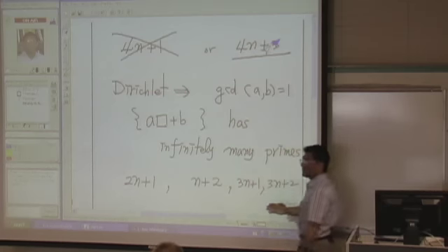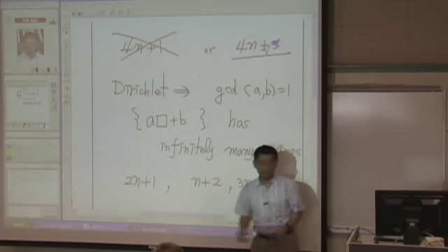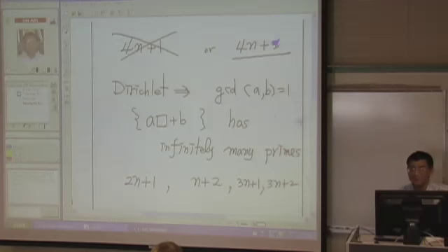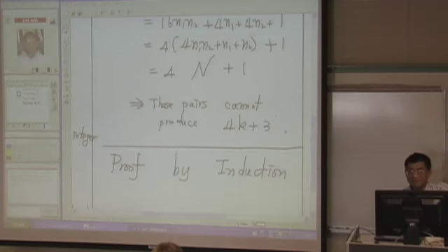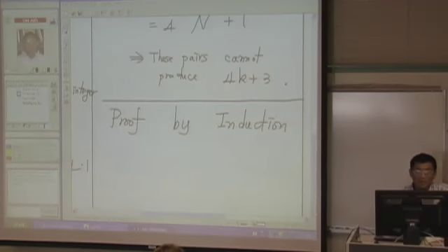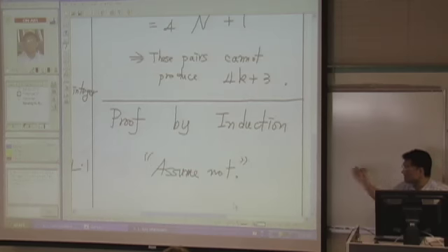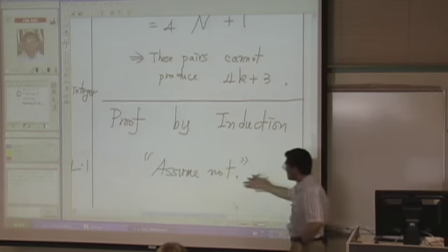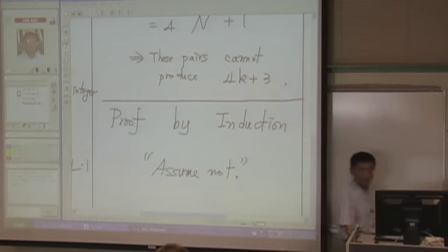So, proof by contradiction means we begin with what? Assume not, right? Assume not. Or, if we describe this clearly, in the next column, I will describe this more clearly.